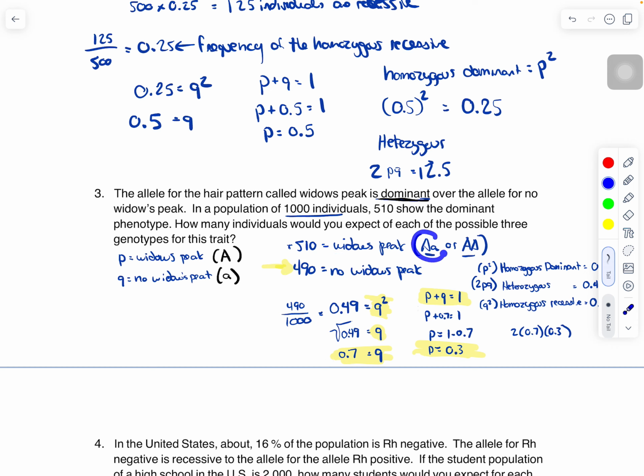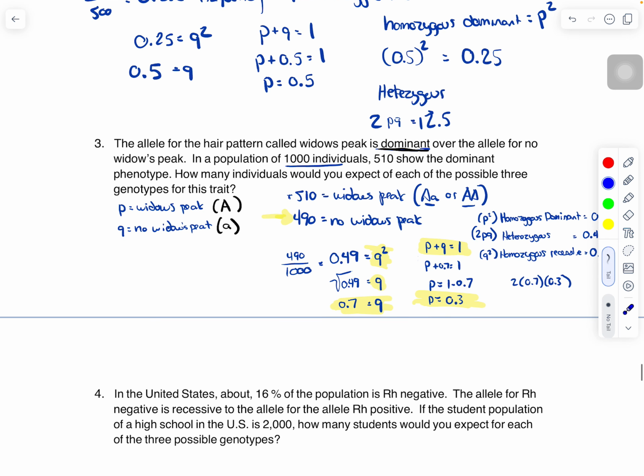So big A, little a will give you widow's peak, and big A, big A will give you widow's peak. So we're going back to that equation. It could be p squared and 2pq. Both of those represent this number, okay?